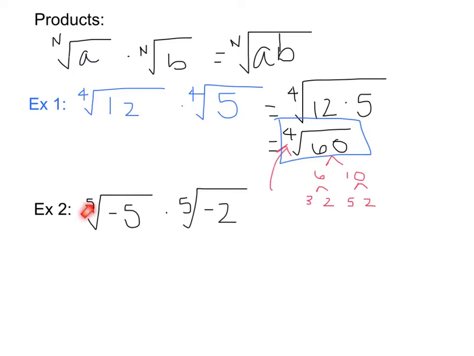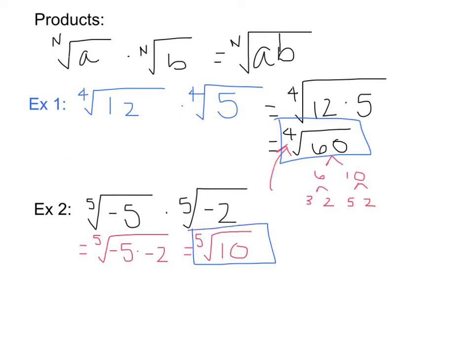Did you first check to make sure the indexes are the same? Since they're the same, you can write them under one radical, -5 times -2, which is going to give you the fifth root of +10. Again, you would try to break that down, and you cannot break it down anymore, so the fifth root of 10 is your final answer.